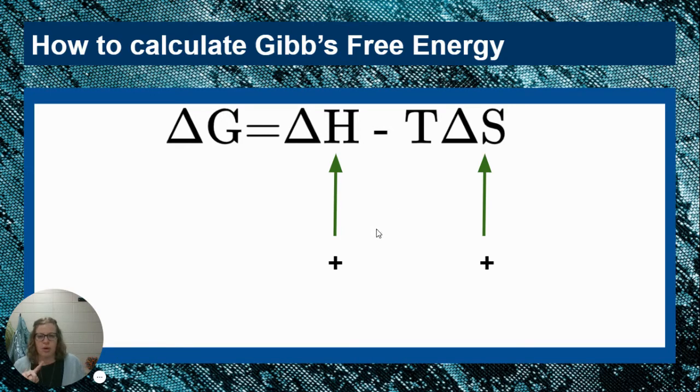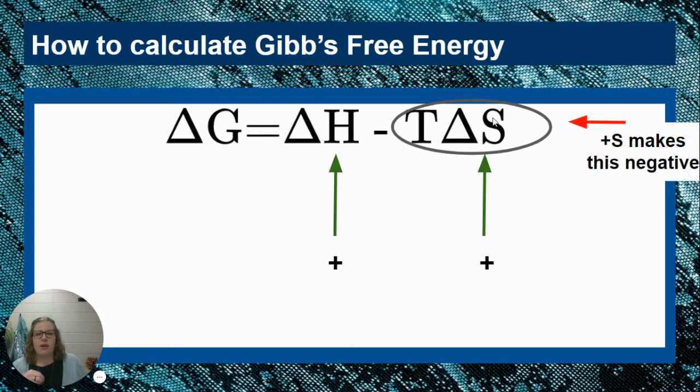Okay. All right. Different scenario now. And let's see if you can parse this out. If I have a positive enthalpy value and a positive entropy value, to be product favored or spontaneous, we want a negative Gibbs free energy. So right now, my enthalpy is working against me. But positive changes in entropy are good. So if I can get this term big enough, it can overtake enthalpy as the main driver for my spontaneity.